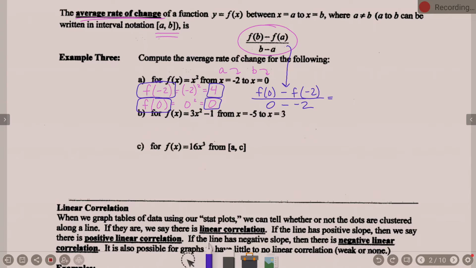Fill in your values if you haven't already. f of 0 we said was 0, minus f of negative 2, which we said was 4, over 0 minus negative 2. What do we end up with? Negative 4 over 2, which is negative 2.